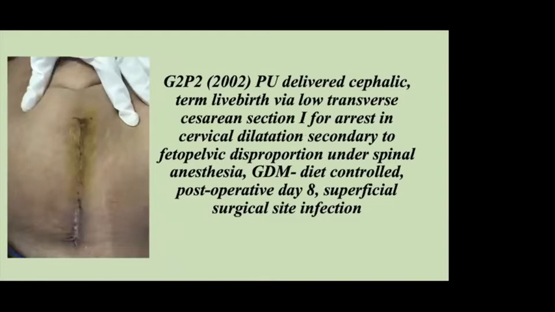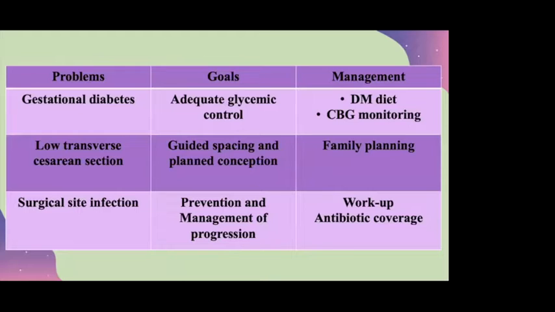So now, our working diagnosis is a Gravida 2 Para 2, 2002, pregnancy uterine delivered cephalic term live birth via low transverse cesarean section for arrest in cervical dilatation, secondary to fetopelvic disproportion, GDM diet controlled, post-operative day 8, superficial surgical site infection. These are the problems that we have seen in our patient.